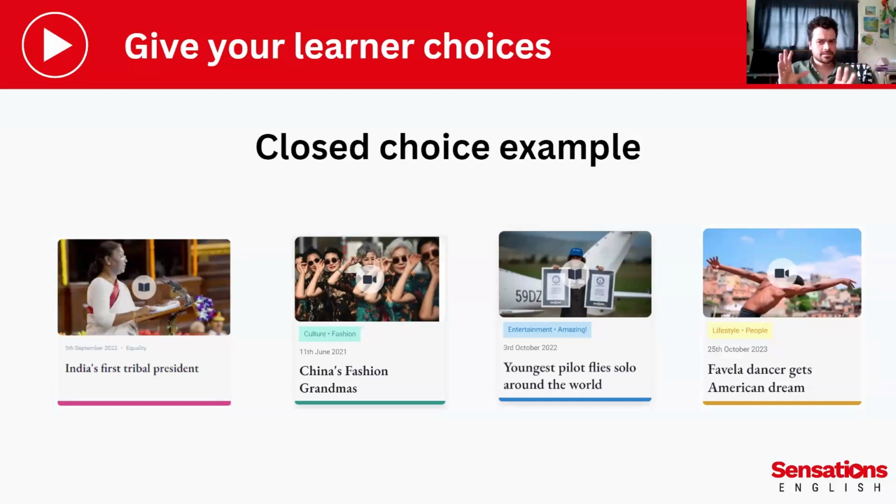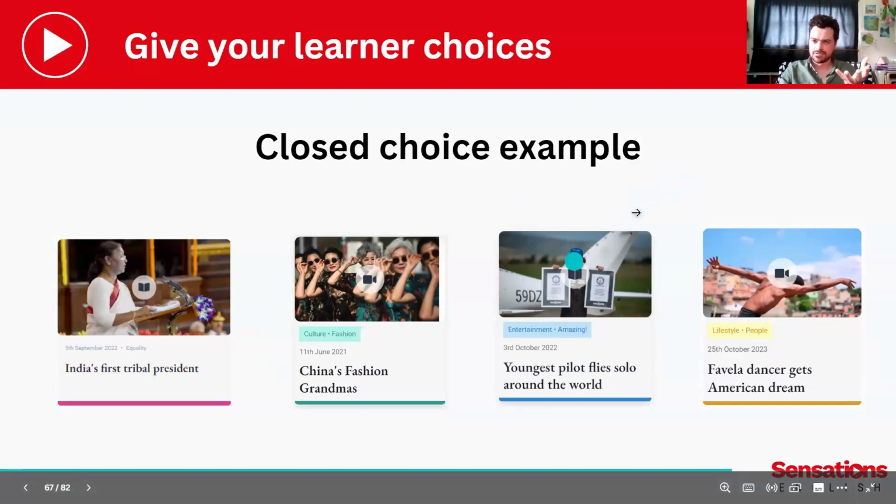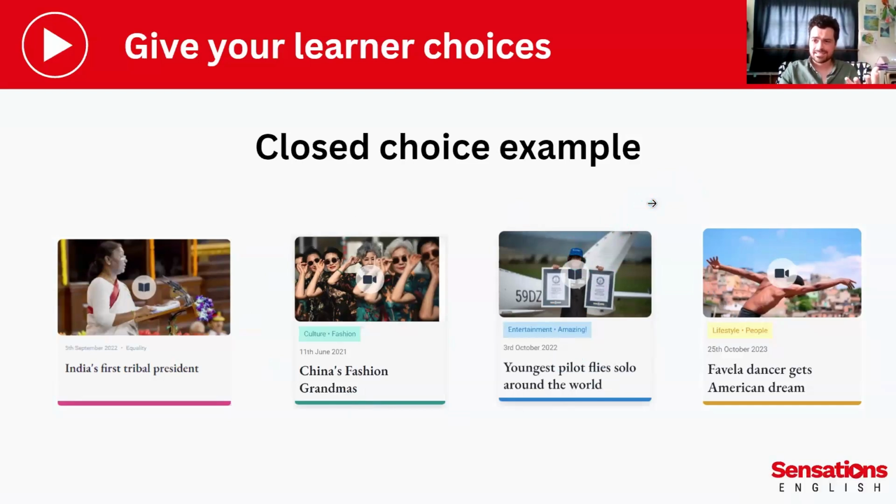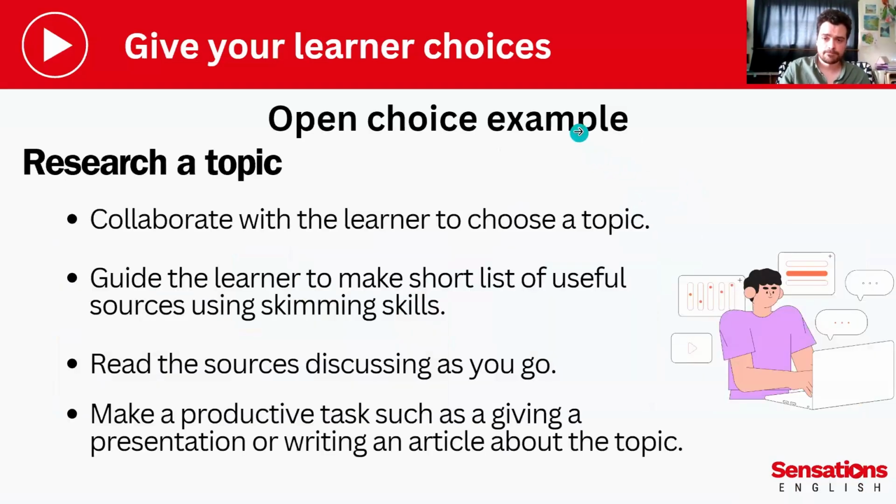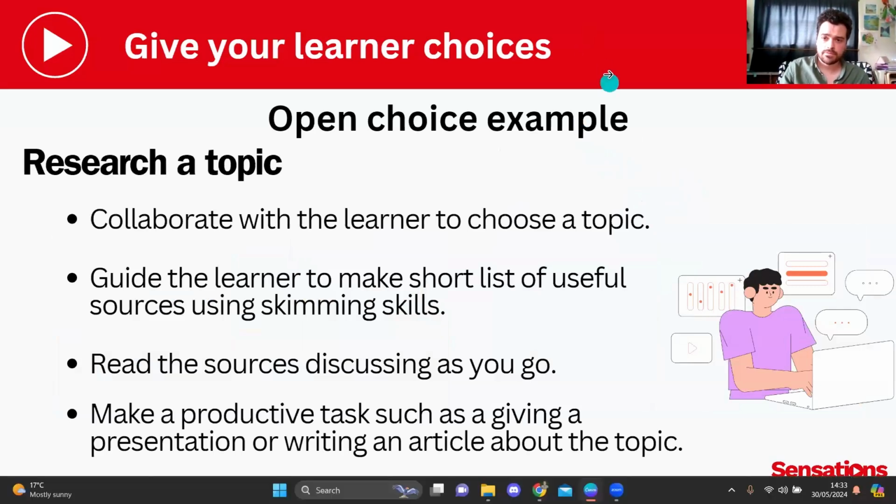And maybe they're all on a similar topic. For example, all of these are attached to each other because they're about success, about personal ambitions and goals. So you could give them a choice like that. But you could also keep it even more open than that.